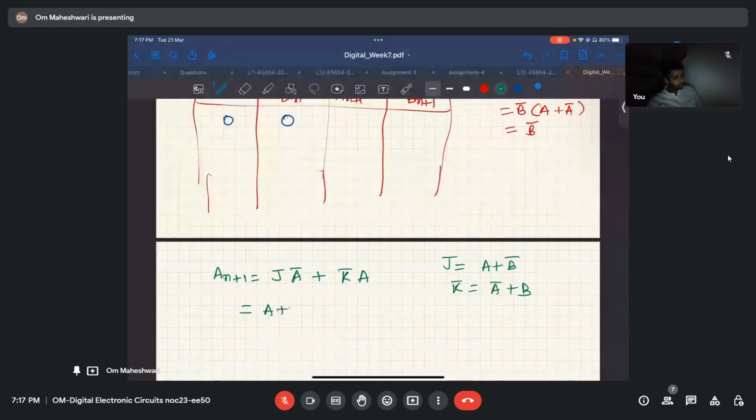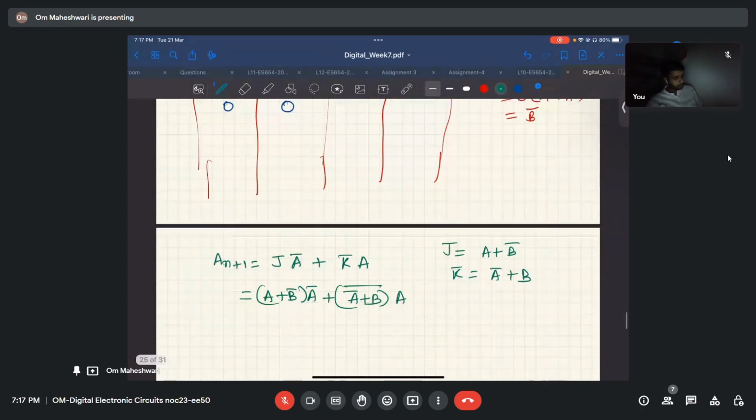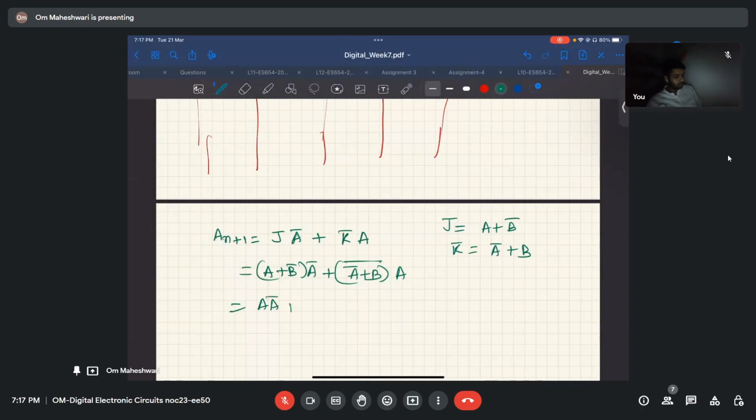So A plus B bar, A bar plus K bar is A bar plus B bar A is A bar plus B bar A bar.